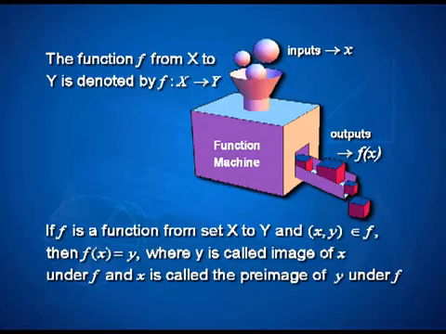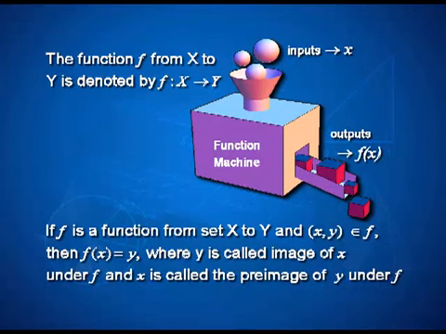So, if f is a function from set X to set Y and (x, y) belongs to f, then we also write y to be the same as f of x. Read it as f of x, where y is called the image of x under f and x is called the pre-image of y under f.